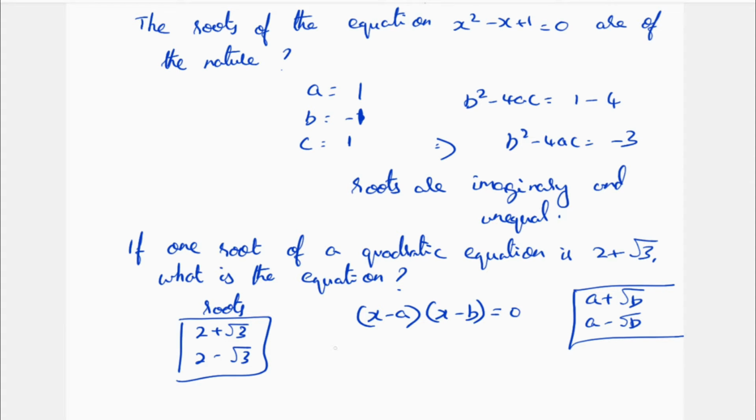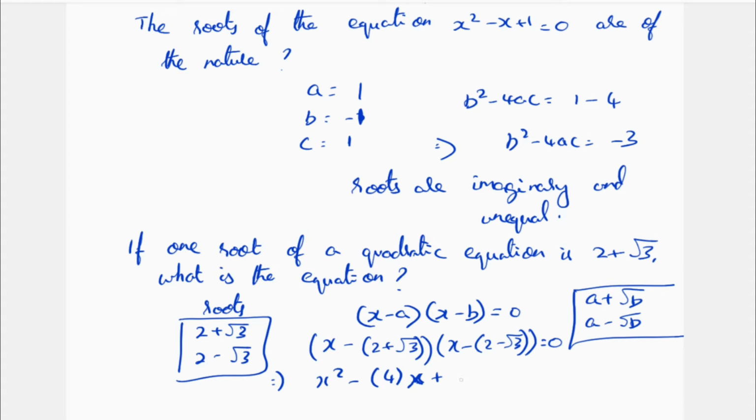Now substituting here, a is 2 plus root 3 and b is 2 minus root 3, equal to 0. We'll be getting x square minus of a plus b, which gives me 2 plus 2, 4, and root 3 minus root 3 will cancel, into x, plus ab, 2 plus root 3 into 2 minus root 3. a plus b into a minus b gives us a square minus b square.